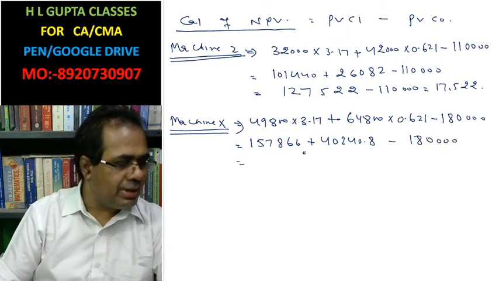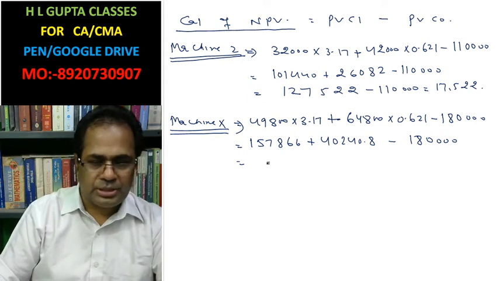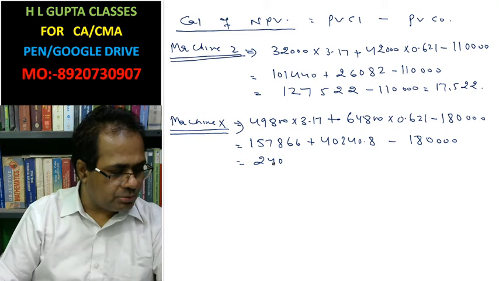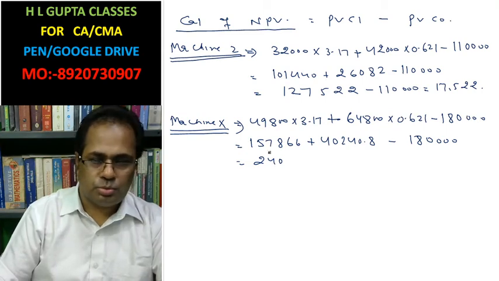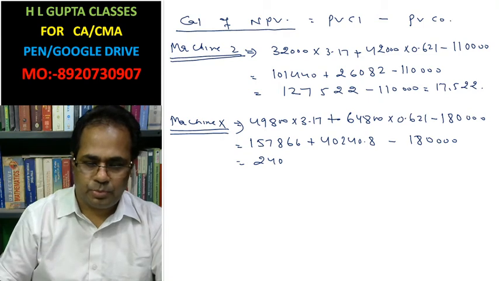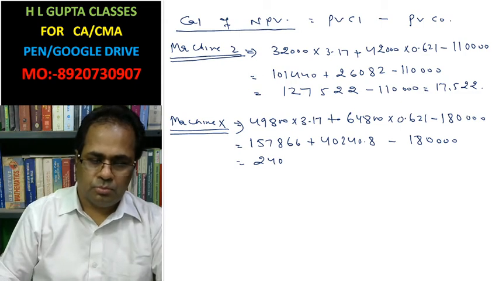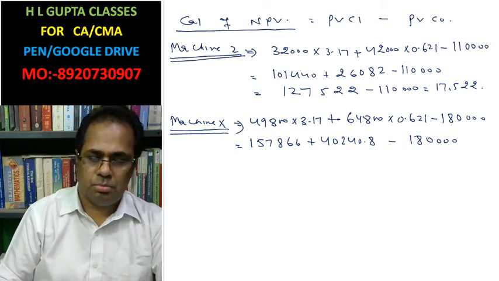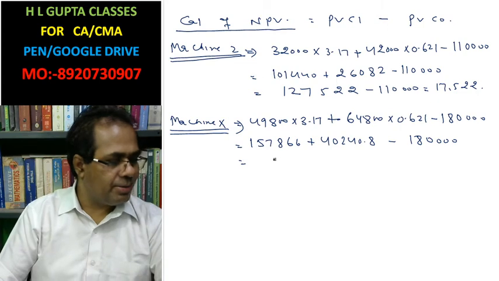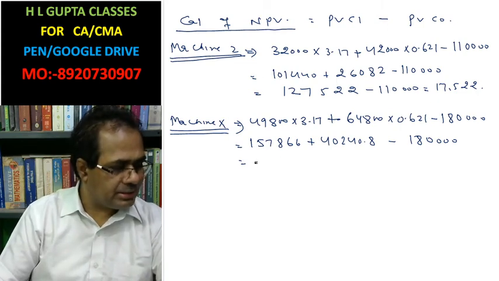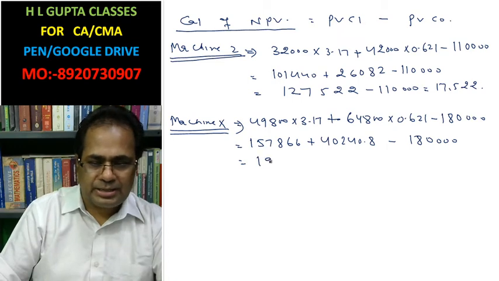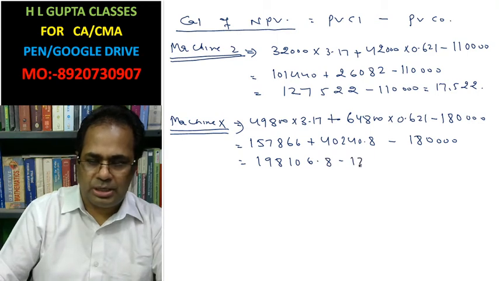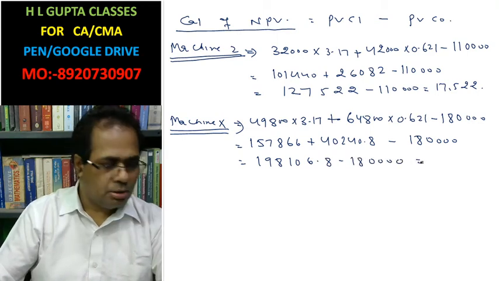After adding these two, you will have 1,98,106.8 minus 1,80,000.